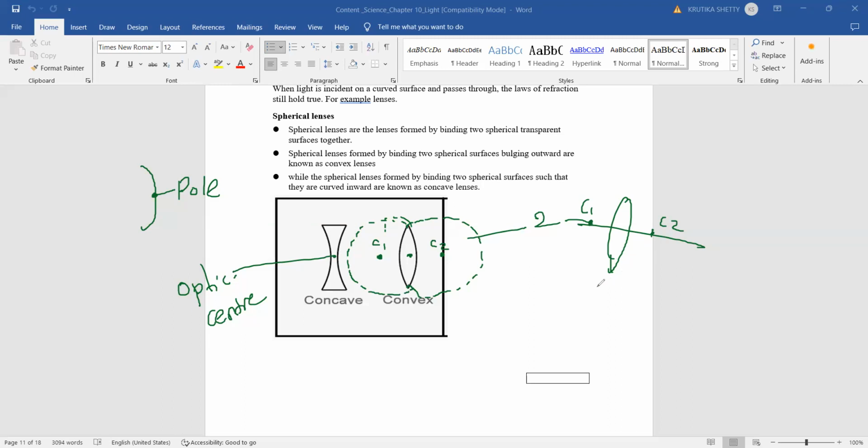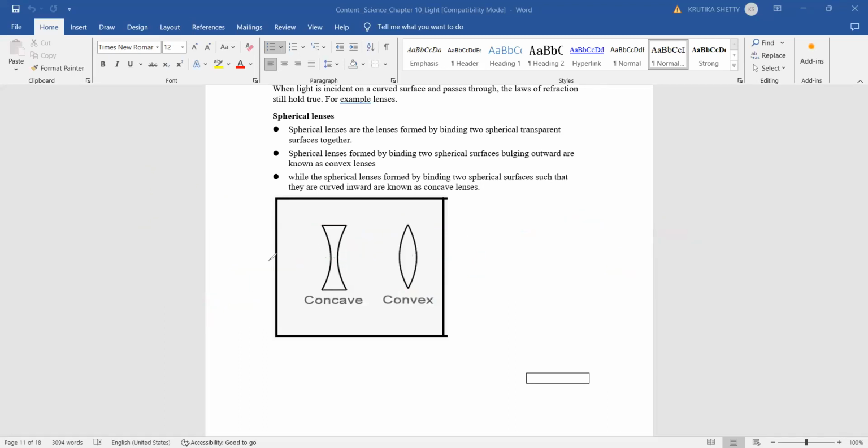And the principal axis is the same. The center line passing through the optic center like this is called the principal axis, exactly at the center. Suppose this is your optic center O. The line passing through the optic center is called the principal axis.